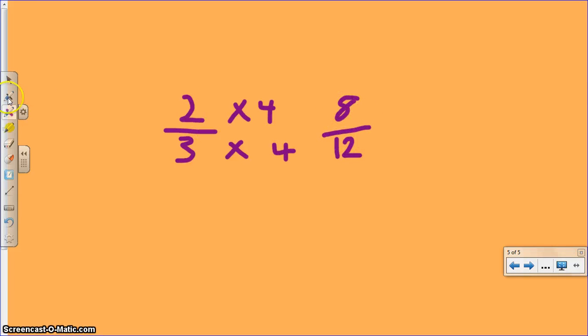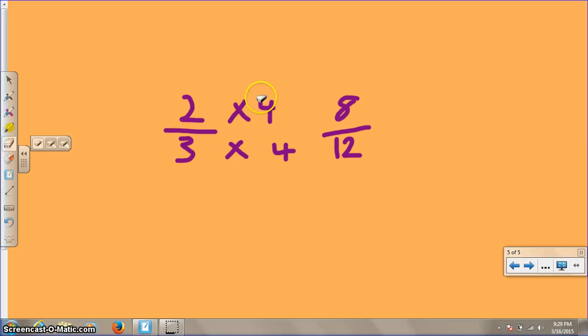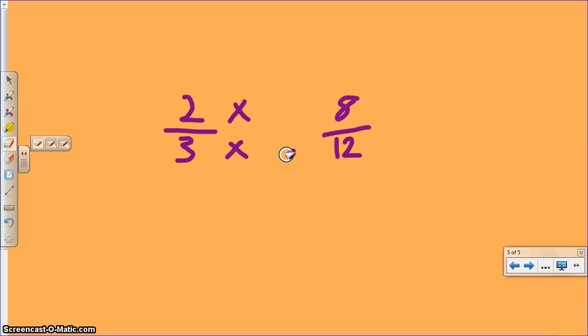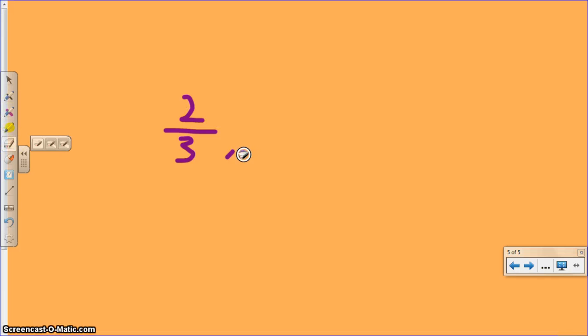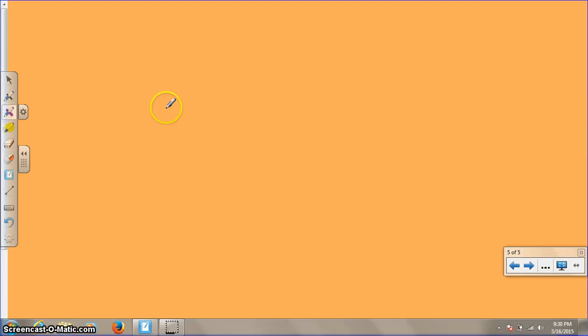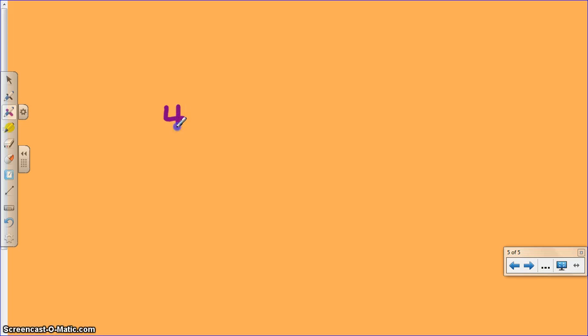Okay? So you might be asking, why is this important? Well, it's important because I can use this to figure out if fractions are equal or not, like I just talked about. I can take any fraction and say, let's figure out, 4/6, is it equal to 8/12?